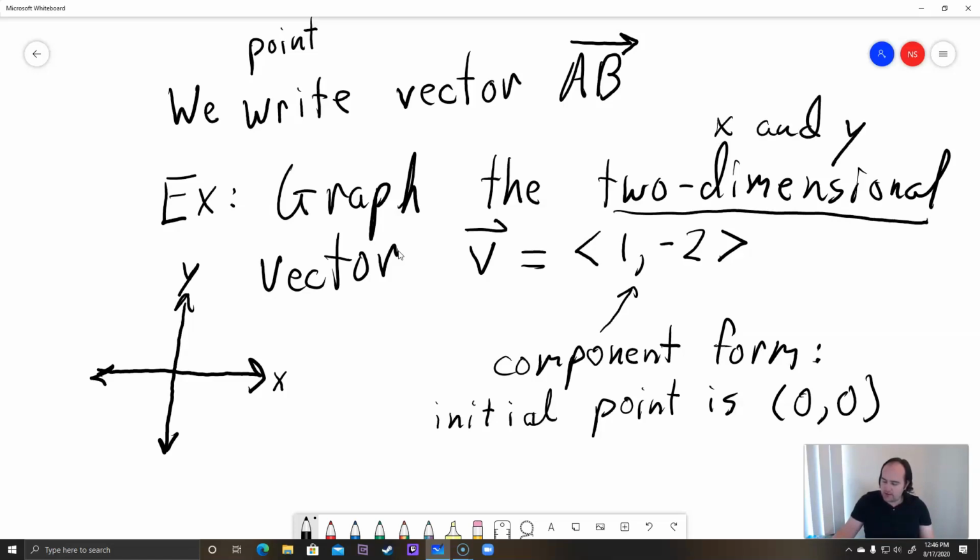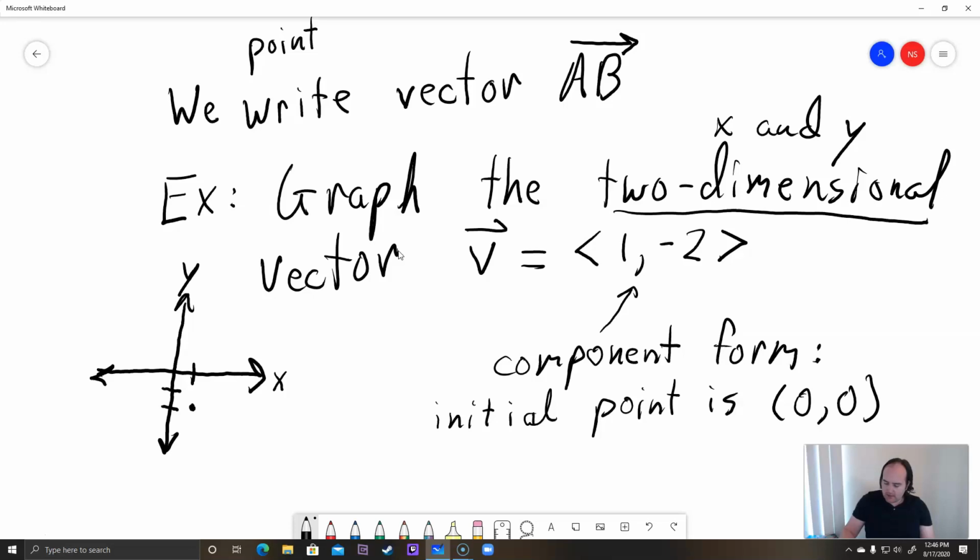It's only two dimensions because it has only two axes, the x-axis and the y-axis. And if I want to graph 1, comma, negative 2, I just plot the point 1, comma, negative 2. So x is 1, and y is negative 2. And then I plot my point right there.